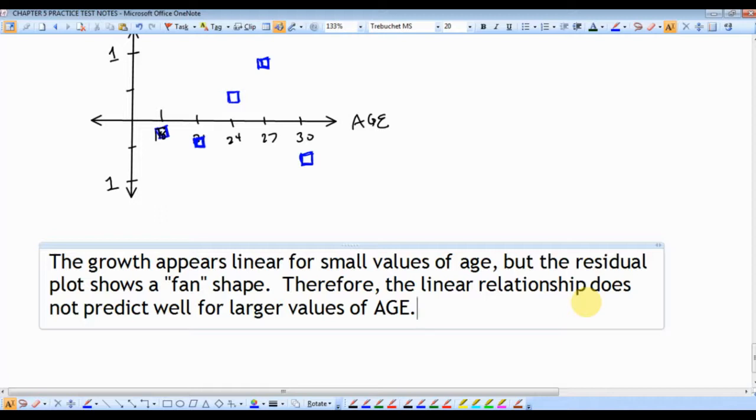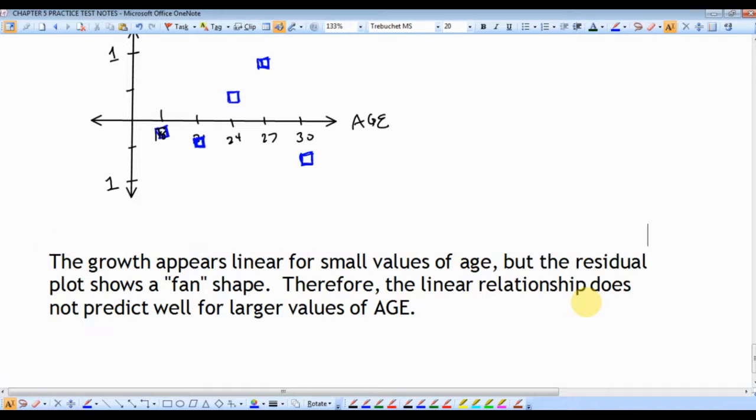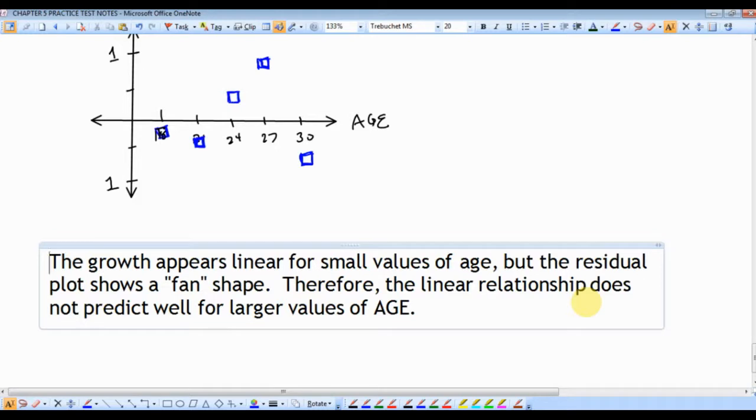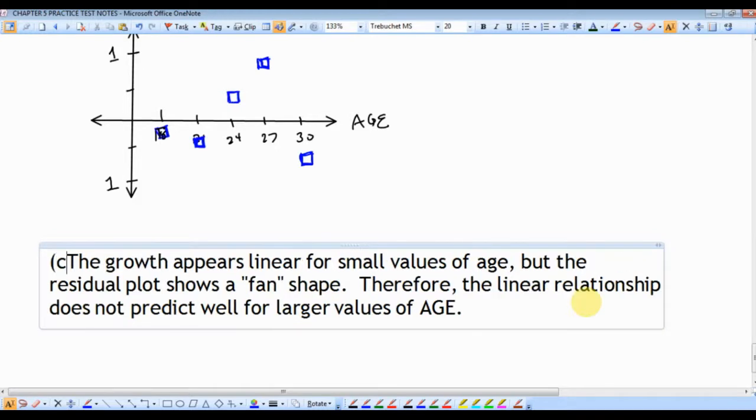All right, lastly, predict Joey's height at age 20 months. I really should write what this one is. This is letter C, right?